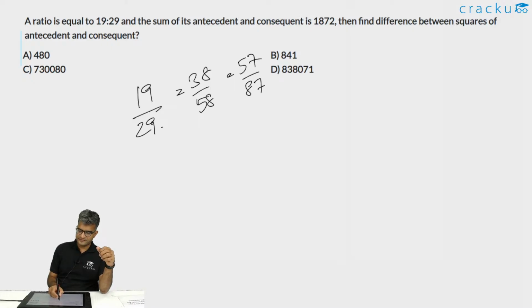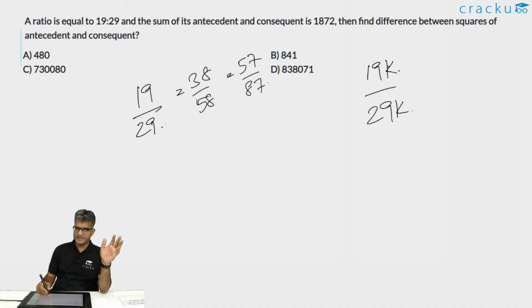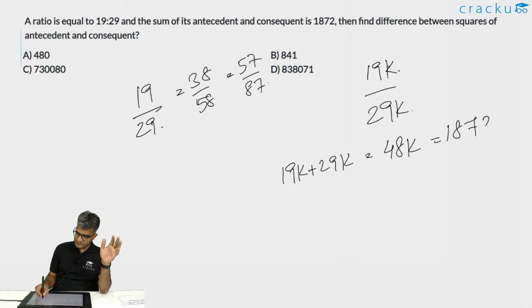It can be anything. So what we'll say is that let us assume that the antecedent is 19k and the consequent is 29k. What is the sum of the antecedent and the consequent? It is 19k plus 29k, which is equal to 48k. This we are told is 1872. So now we need to calculate the value of k.